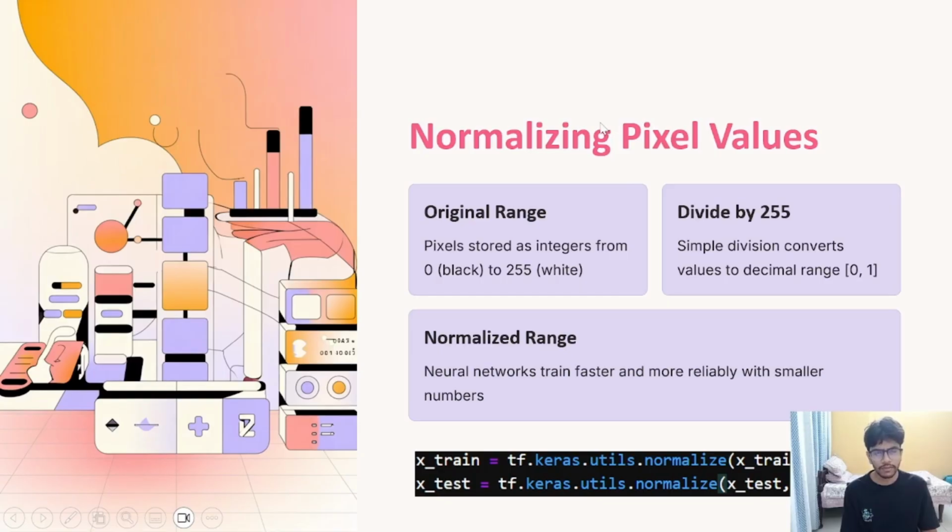So it helps us to predict the number accurately, and it is faster than 0 to 255. And this is the code for normalizing the dataset, which is this. This is x_train, meaning the training dataset, and this is the testing dataset, and we are normalizing both of them.